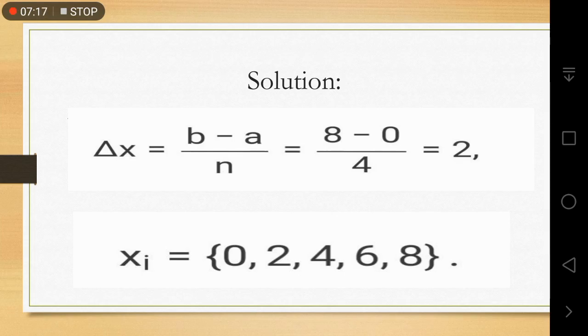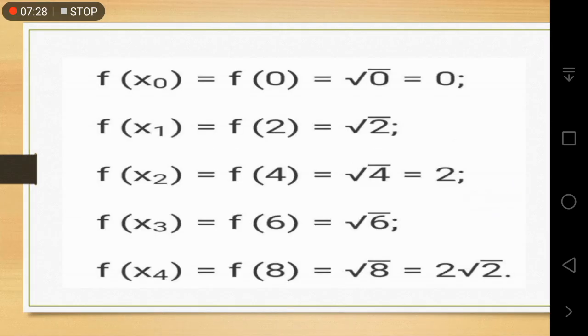And the endpoints of x have coordinates 0, 2, 4, 6, 8. Calculate the function values at the points of x. f of x0 equals f of 0, the square root of 0, equals 0.